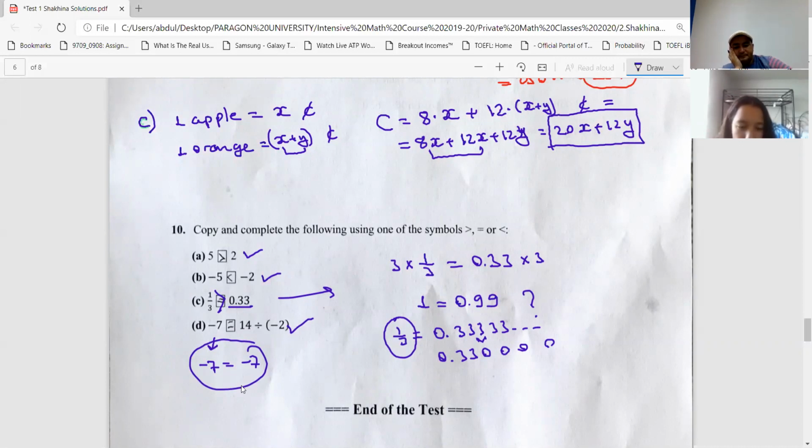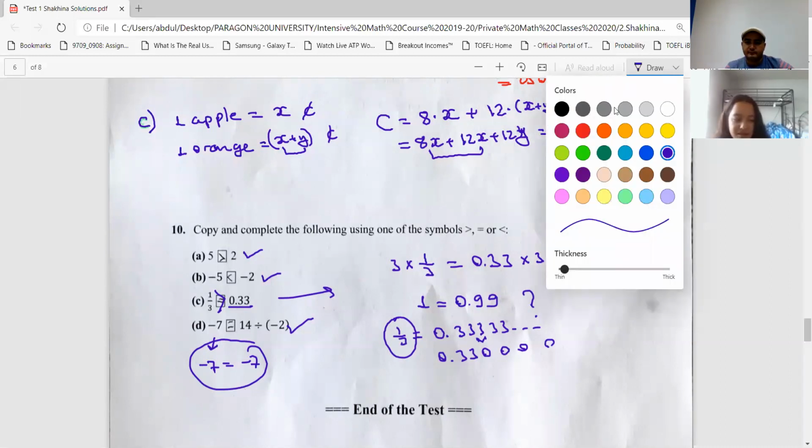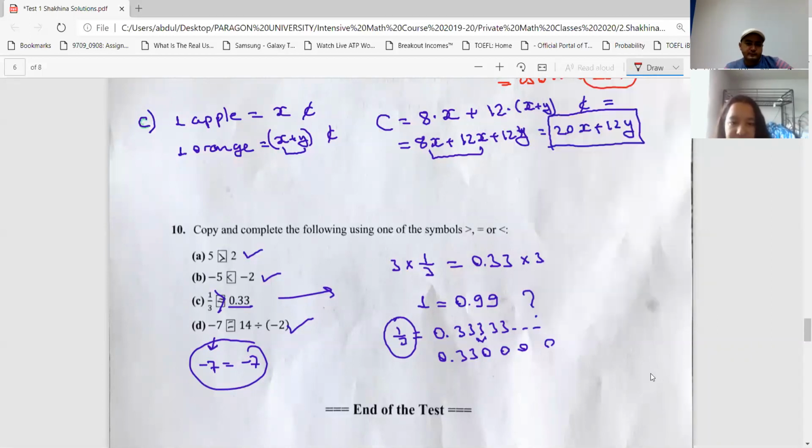Okay. So now, Shahina, for this exam out of 100, how much will you give to yourself? I don't know. You don't know? Tell me one number. Out of 100, how much?